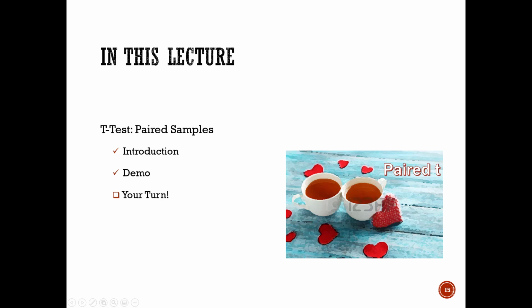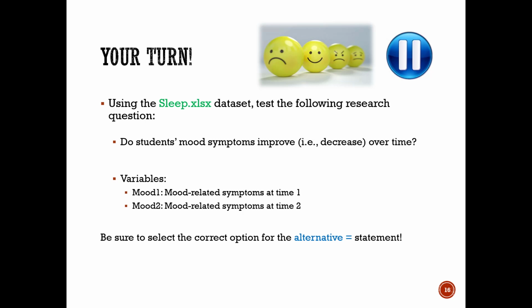Now that you know how to run a paired samples t-test in RStudio and interpret it, it is your turn to run a paired samples t-test to test the following research question. Again, we're using the sleep dataset, and here's your question. Do students' mood symptoms improve? Essentially, that means it decreases over time.